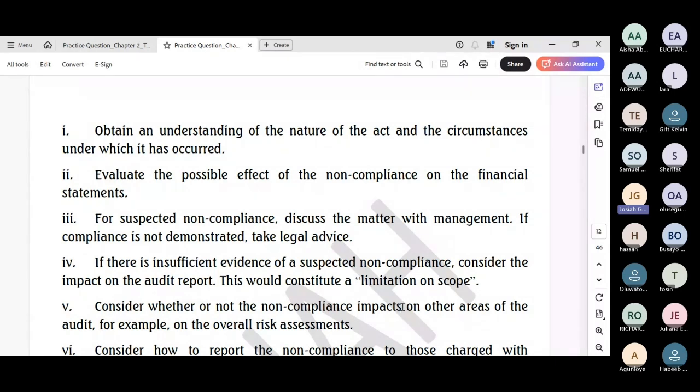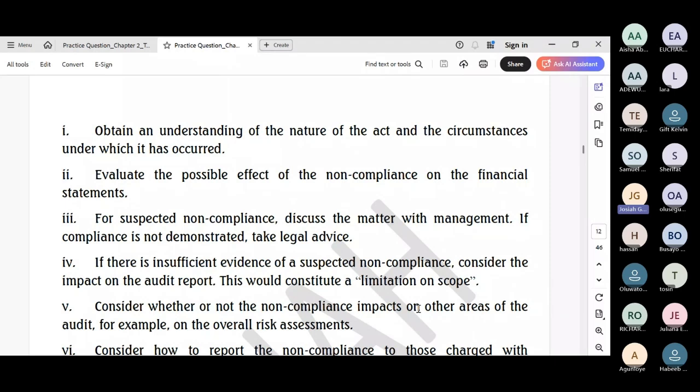I beg your pardon. So for the B part, focus on the auditor's required responses after non-compliance or suspected non-compliance is identified. And it involves understanding the nature and impact, and discuss with management before the report on how they should resolve it, any issue of non-compliance.